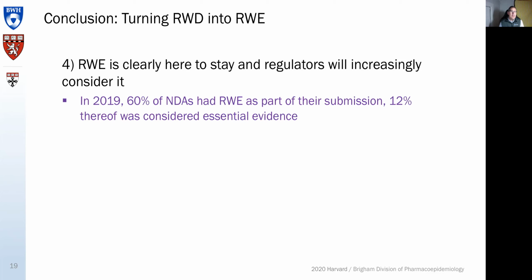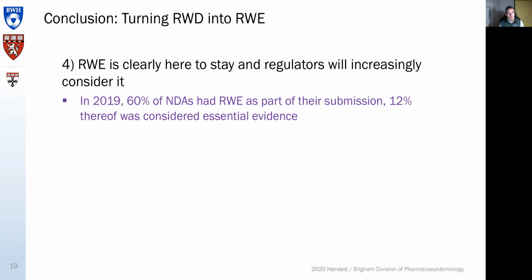Let's also keep in mind that real-world evidence is clearly here to stay, and regulators will increasingly consider real-world evidence. So it is important we talk about these issues, that we improve our approach to real-world evidence. In 2019, for example, 60% of the NDAs submitted to CDER for drugs had real-world evidence as part of the submission package, and 12% thereof was considered essential evidence.